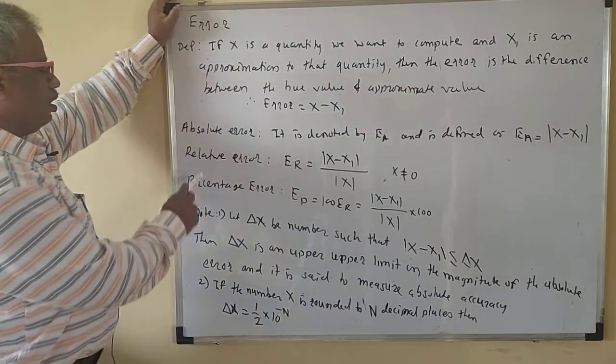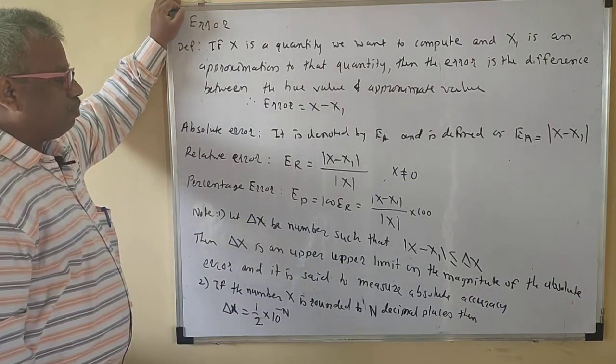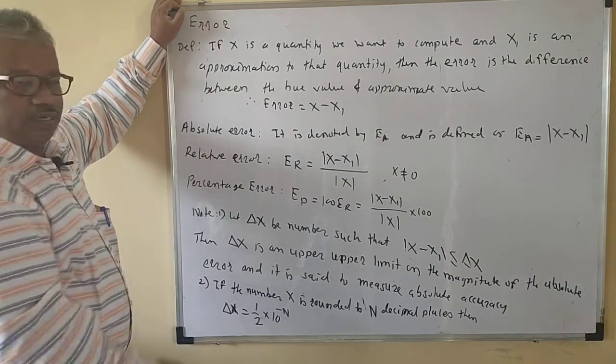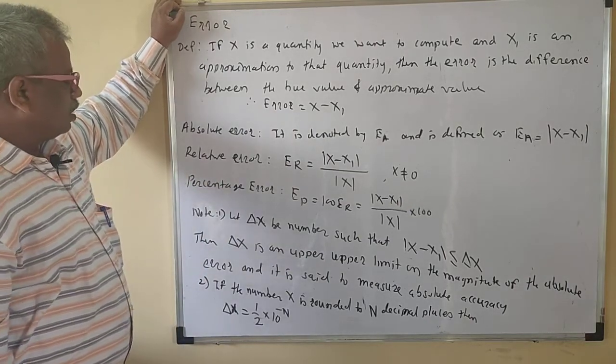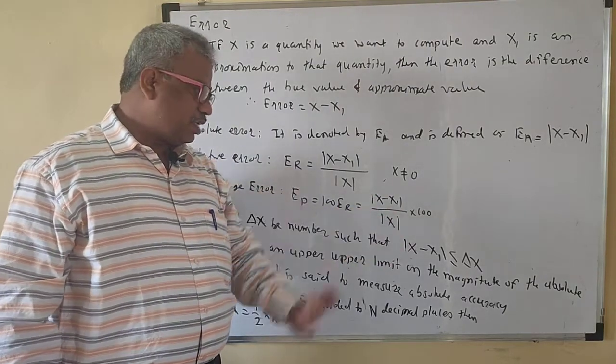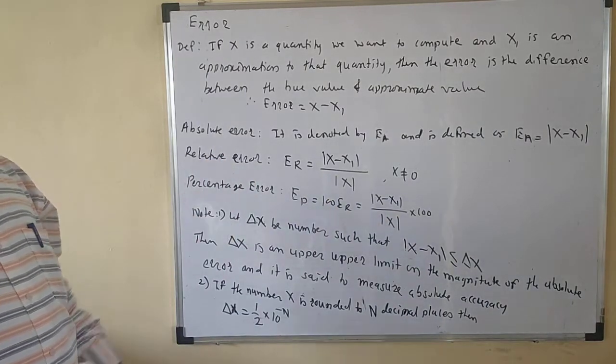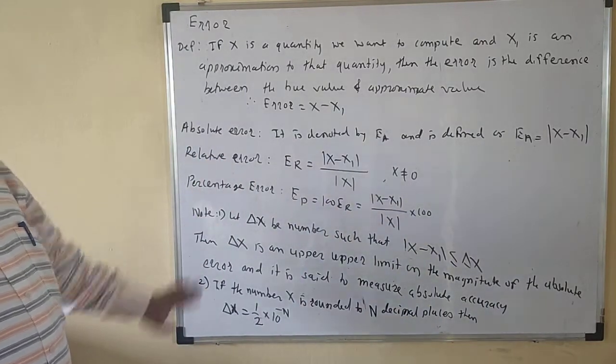Then percentage error is the relative error multiplied by 100, that is, mod of x minus x1 upon x, into 100. These are the formulas to find the error, absolute error, relative error, and percentage error.